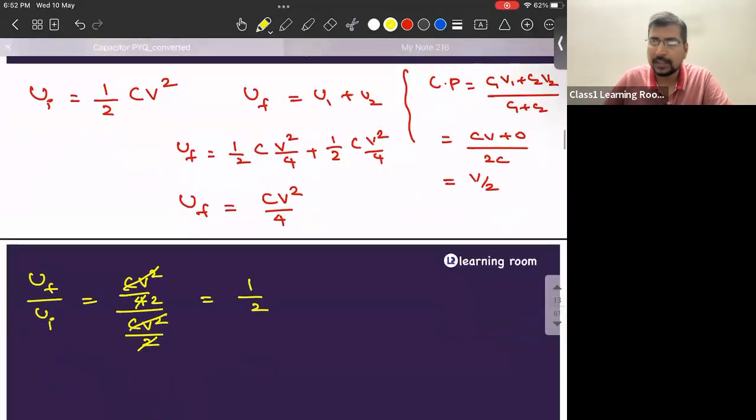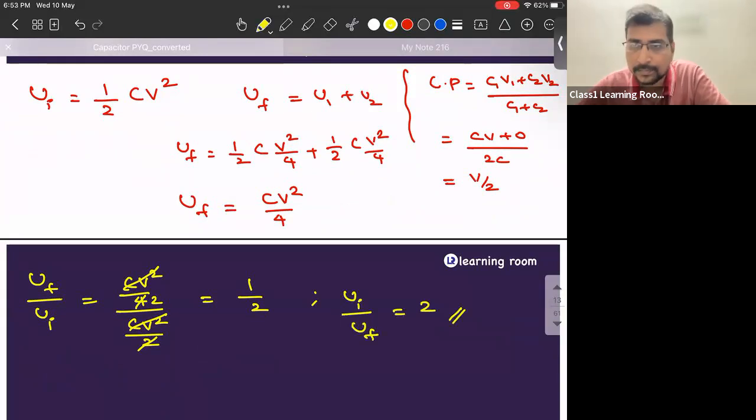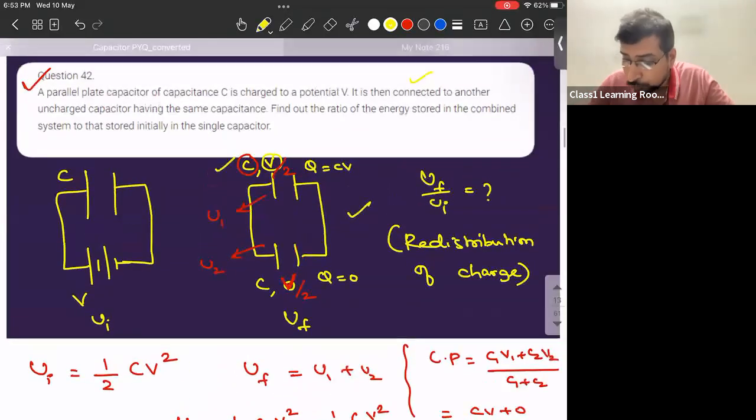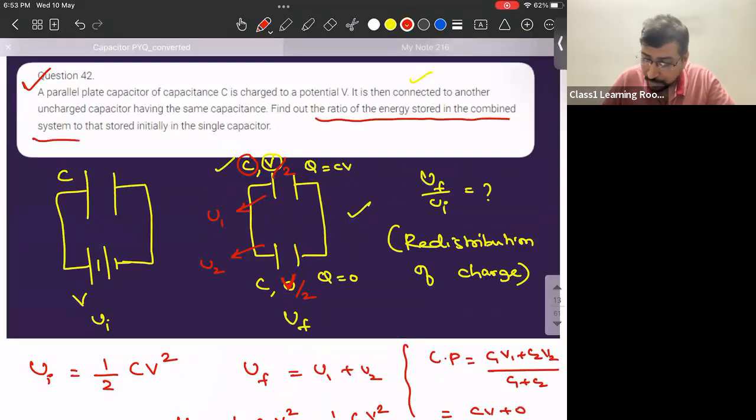So one thing you need to be careful about is U final by U initial is 1 by 2, whereas U initial divided by U final is going to be 2. So you need to be very careful. In this question, they asked U final by U initial only. Find the ratio of the energy stored in the combined system to the initial single capacitor.